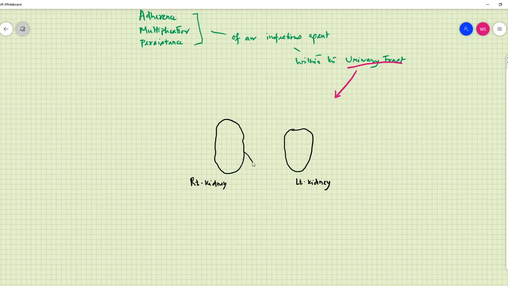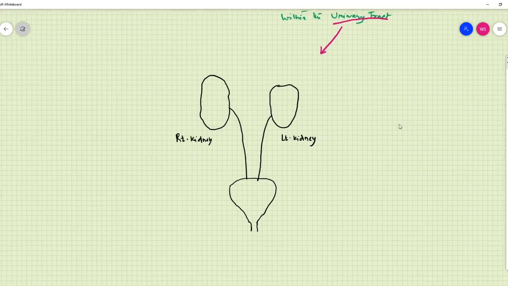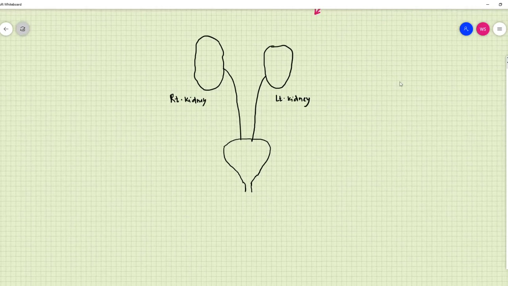We have got these tubes coming from the kidney, and these tubes enter into the bladder, and the bladder in turn opens into the urethra. Okay, so let's label all these things.